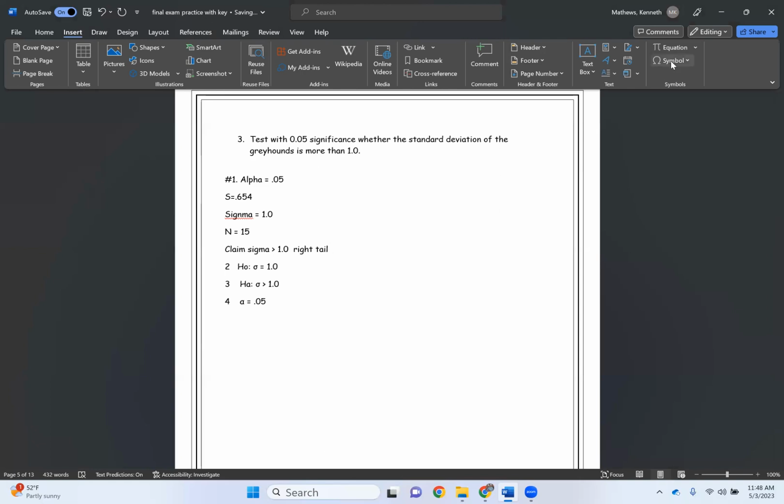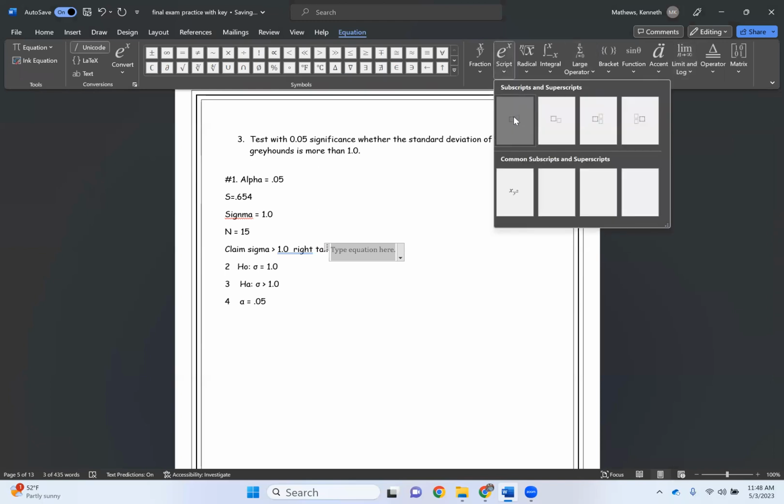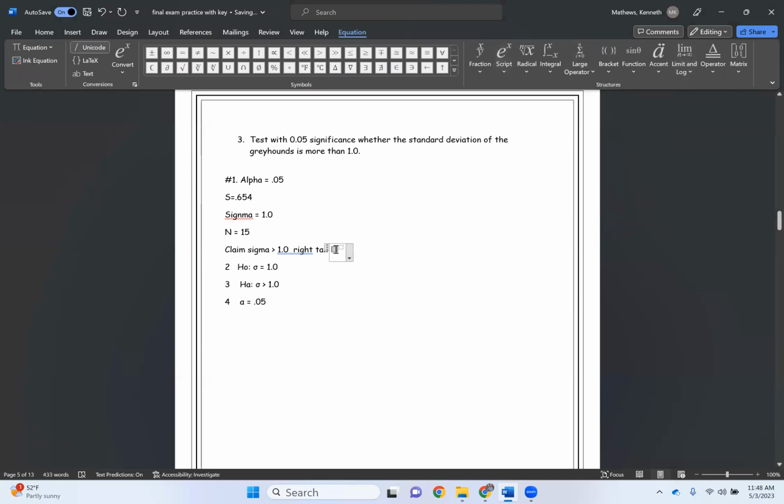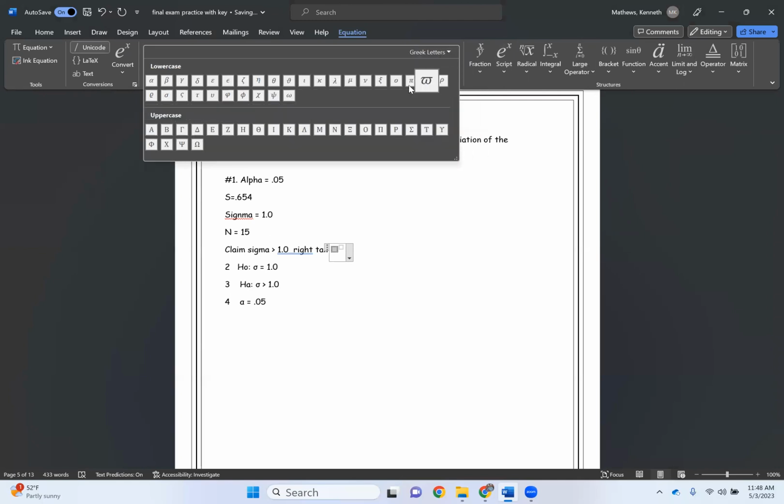Okay, so how do we do chi-square? Well, we're going to have to do an equation. Greek letters, somewhere around here usually.